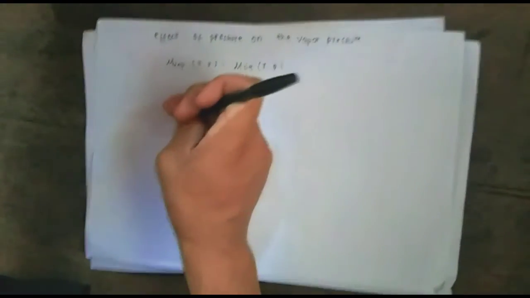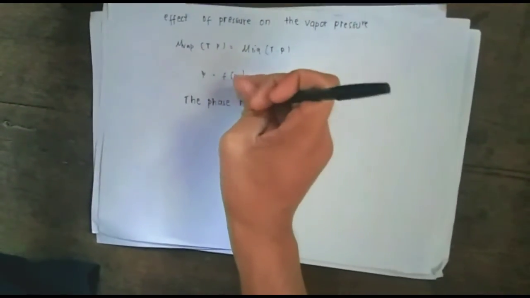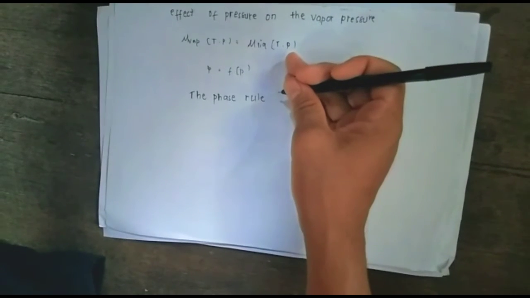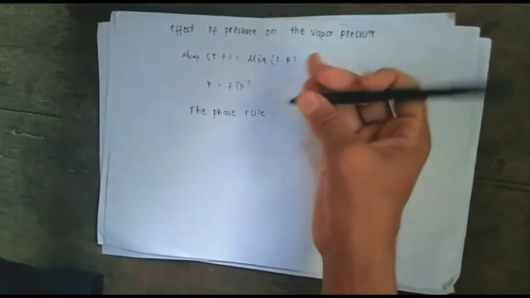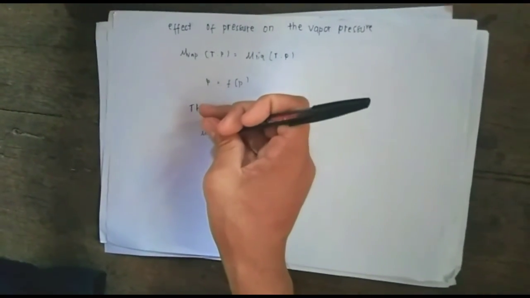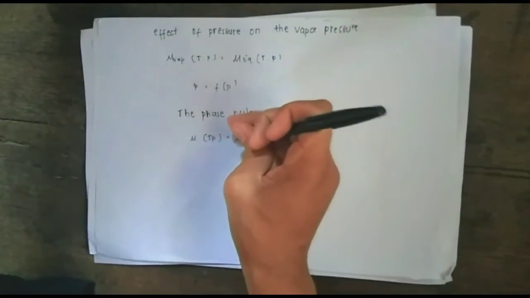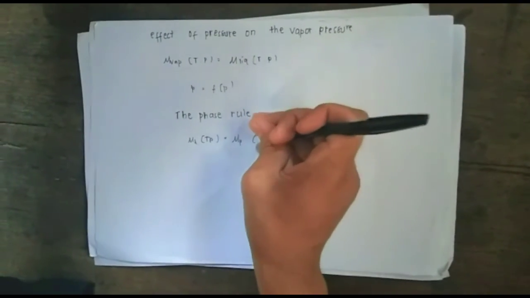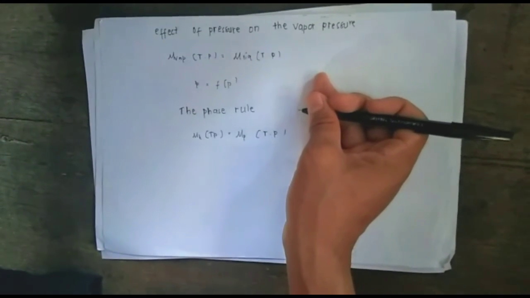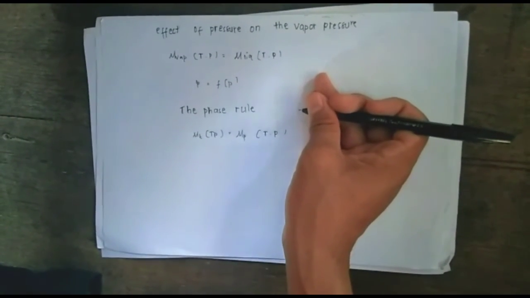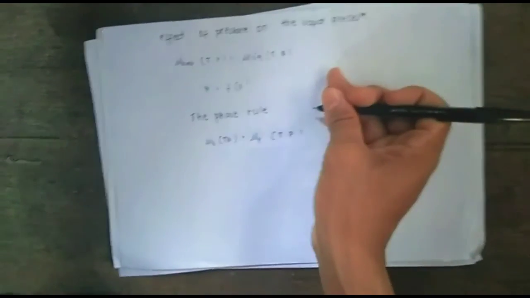We have the phase rule. The condition of phase equilibrium implies that mu vapor at T and P equals mu liquid at T and P, which means that the two intensive variables conditionally needed to describe the state of the system are no longer independent but are related because of the relation.